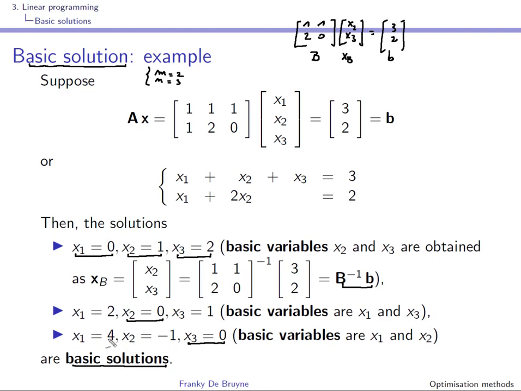So this is a basic solution, but it is not feasible, because what we expect in our linear program is that the components of x are non-negative. So here we have 3 basic solutions, but only the first and the second basic solution will be basic and feasible.